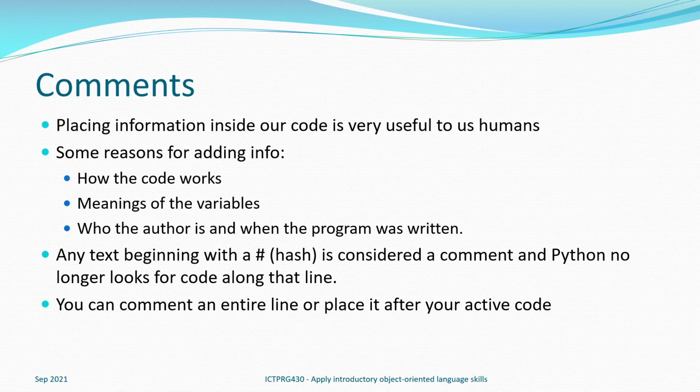So you can have comments on their own line, or you can place them after active code on that line. What you should include comments for: describing how the block of code works, the meaning of variables, when it was written, and who by.